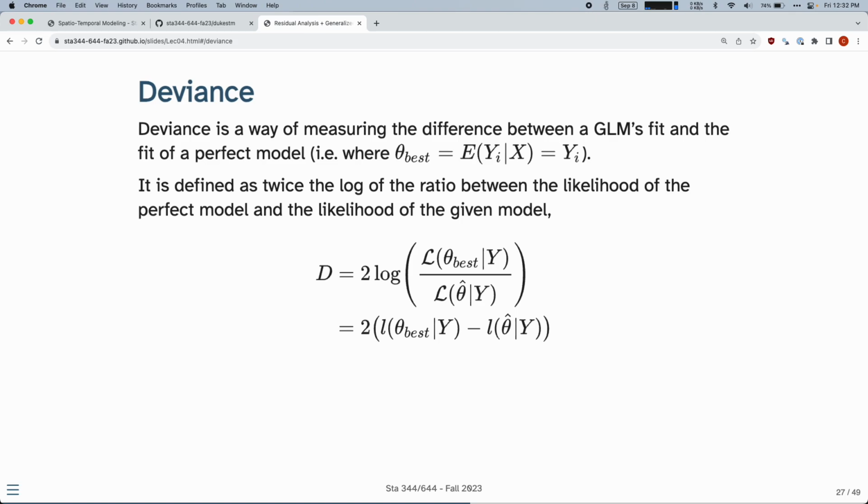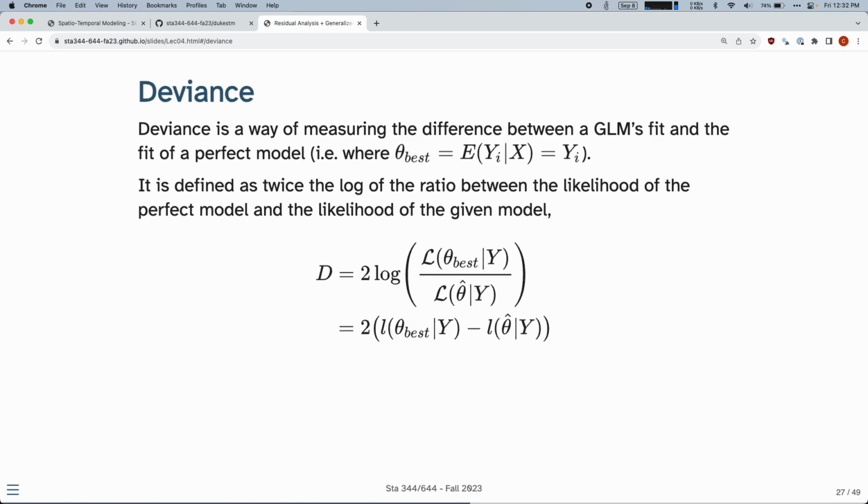let's just do it for the normal model, our log likelihood. I'm just doing this for the mean. You'd normally have to take into account sigma squared. Let's just assume that's a known fixed value.